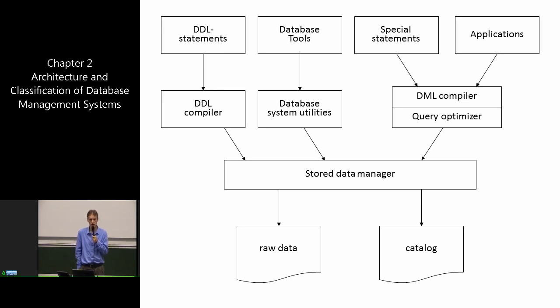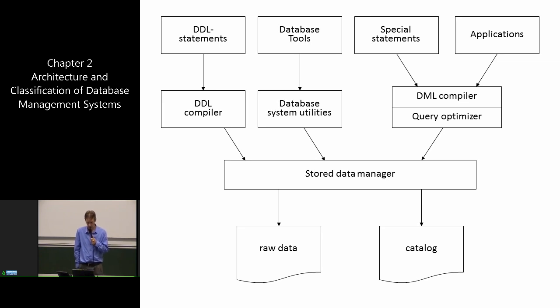The DDL compiler is going to compile all these data definitions, give it to the stored data manager, and the stored data manager is then going to store those definitions in the catalog. Remember, the catalog is the heart of the DBMS, and it contains all the metadata information. So it contains the data definitions, the data constraints, the data structures, and so on.